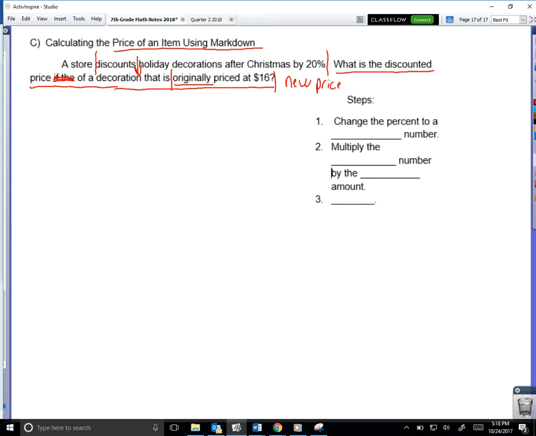We're going to change the percent to a decimal number. So I'm going to take 20%, put a decimal at the end of 20 if there isn't one there, and move it over 2 places to the left. That becomes 0.20. Step number 2, multiply the decimal number by the original amount.